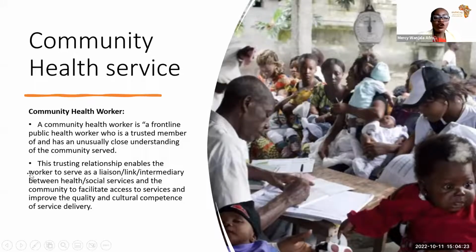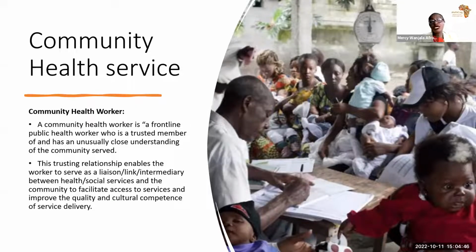And in terms of healthcare workers, I'd encourage you to go back and read the module, because there are certain things that you have to consider when you're setting up your community health service. One, recruitment and selection process for your community healthcare workers. It has to be clear, it has to be concise, it has to be acceptable to the community. Two, remuneration.